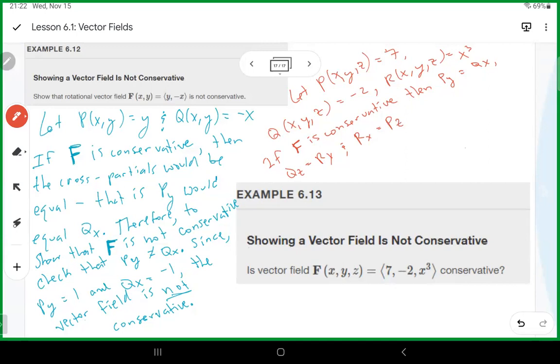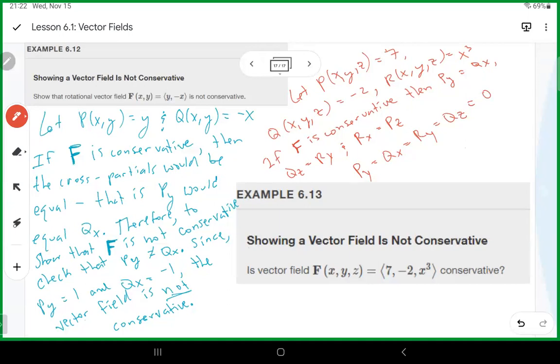Note that this means P sub y has to equal Q sub x has to equal R sub y has to equal Q sub z has to equal 0.